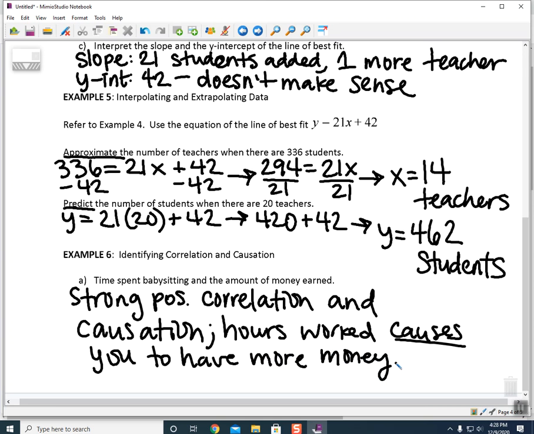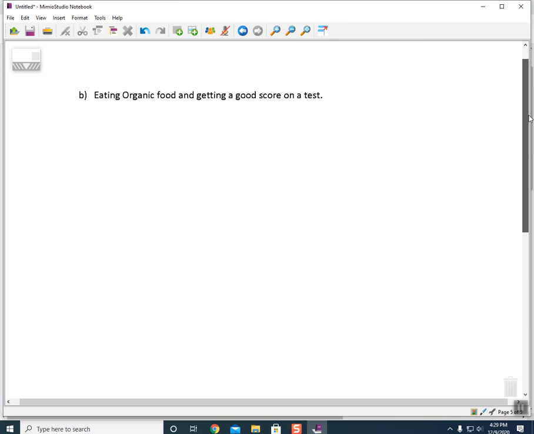So this is an example of something that has correlation and causation. It's strongly positive correlation and it has causation. Let's go ahead and look at one more example of this.